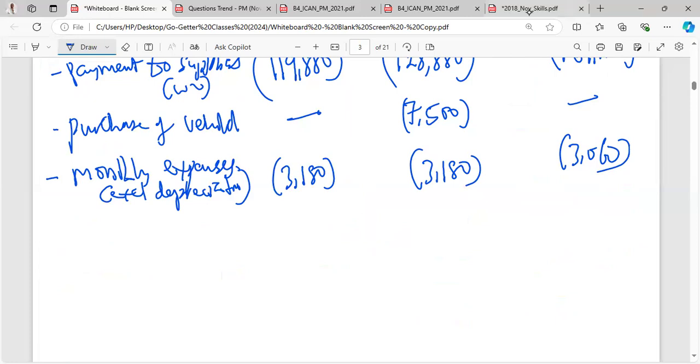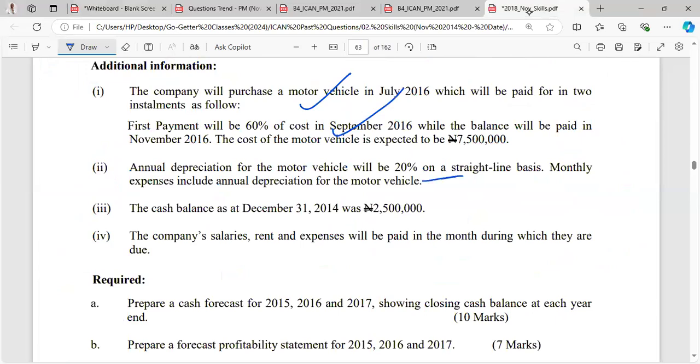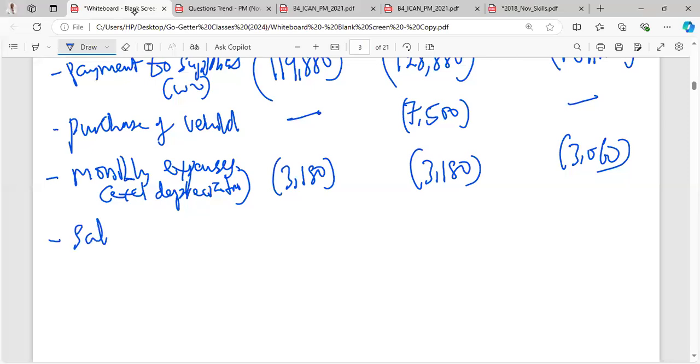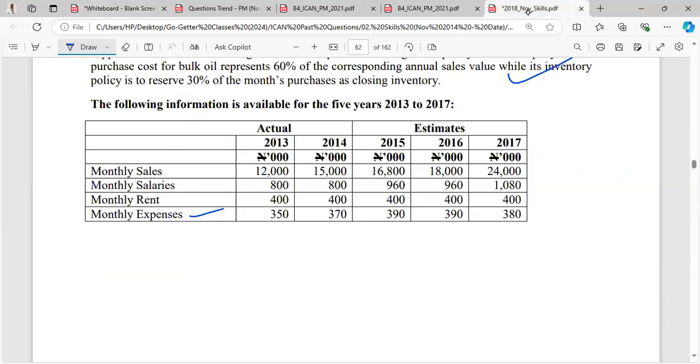So we've done with the depreciation and we've done expenses. It's remaining salaries and rent. So we just say salary times 12, rent times 12. So no need to do workings on that.